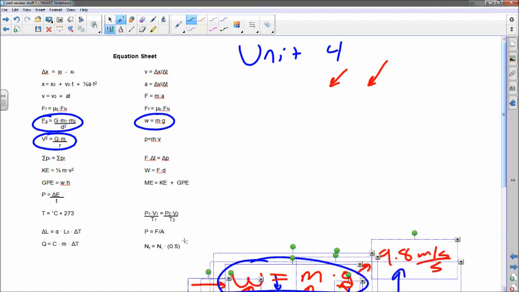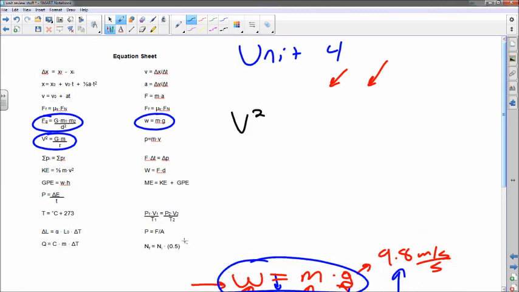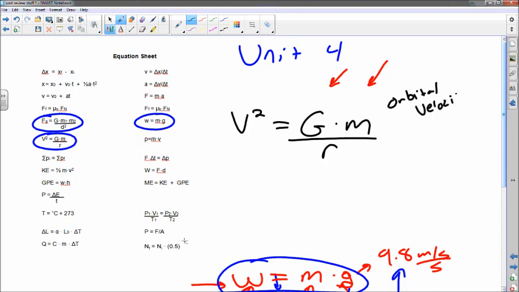Our last equation: v squared equals big G times m divided by r. This is the equation to find orbital velocity. It can only be used to find the velocity of a satellite.